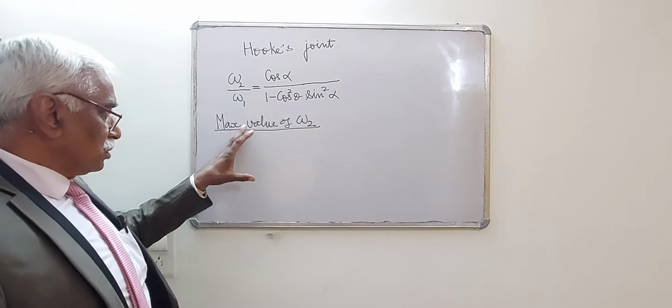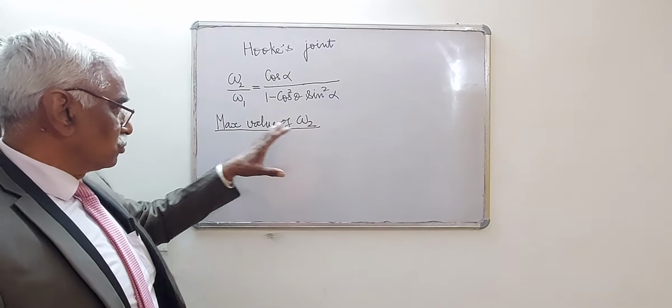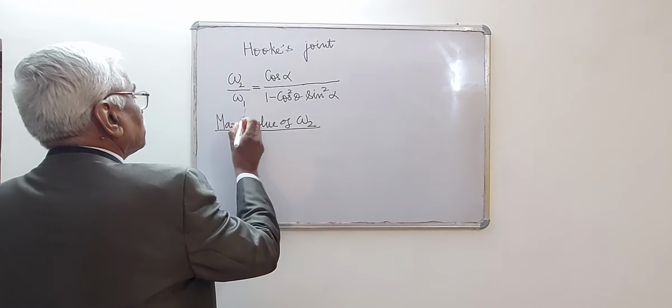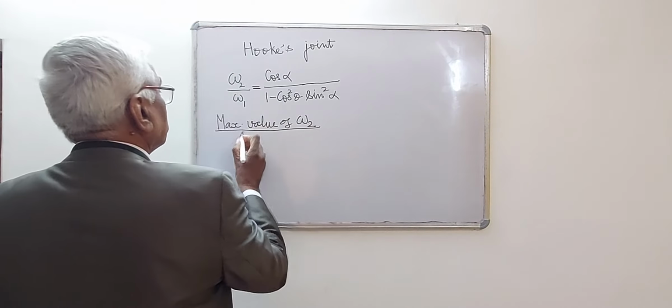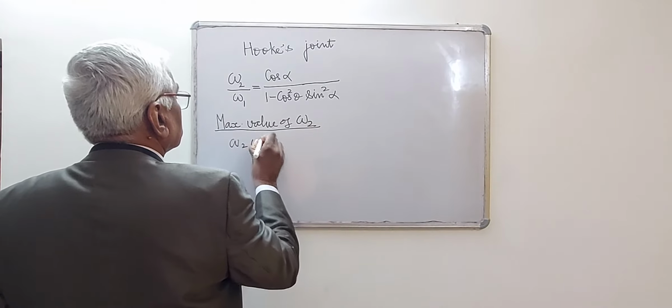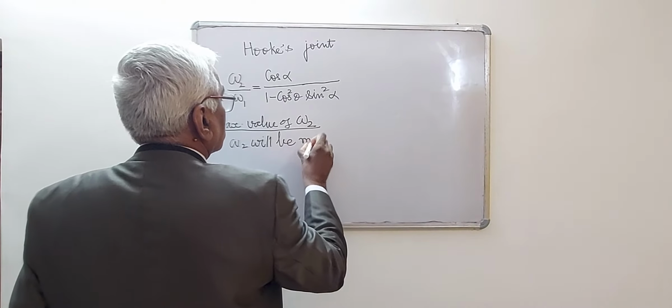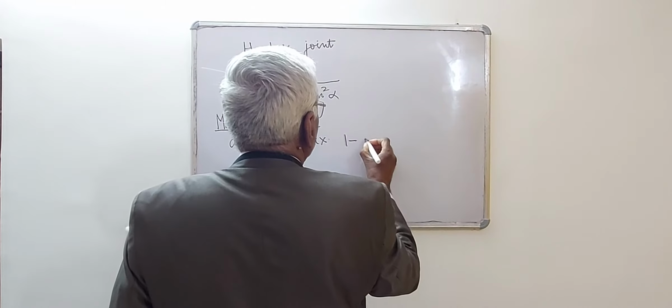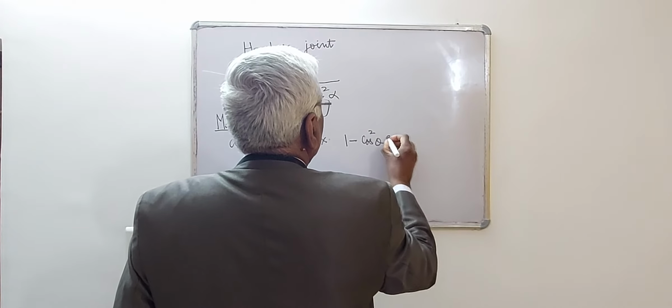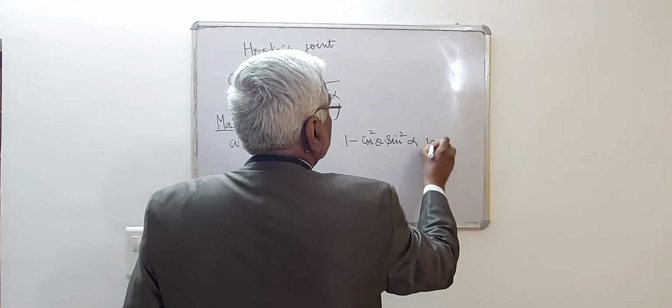So the expression for maximum value of omega 2: omega 2 will be maximum when the denominator of this equation, 1 minus cos square theta into sin square alpha, is minimum.